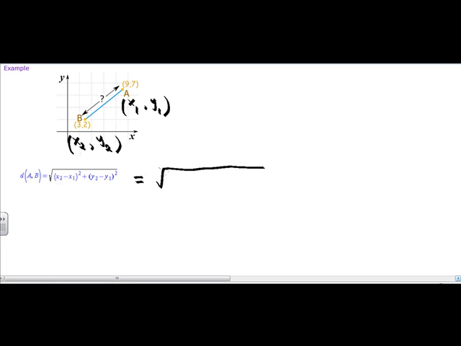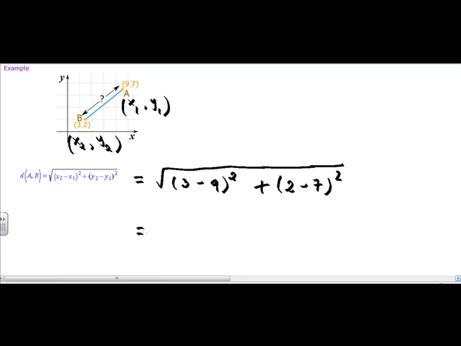Okay, now we have x2, which is 3, minus x1, which is 9, squared, plus y2, which is 2, right here is y2 is 2, and minus y1, which is 7.